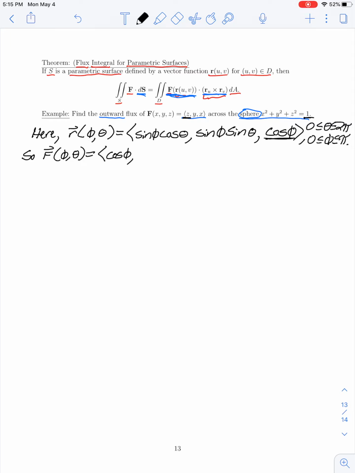Our second component of the field was y, and our y component for our parametric surface is given by sine of phi times sine of theta. And then our last component is x, and our x coordinate for this surface is given by sine of phi cosine theta. So we found our vector field in terms of the parameters phi and theta.